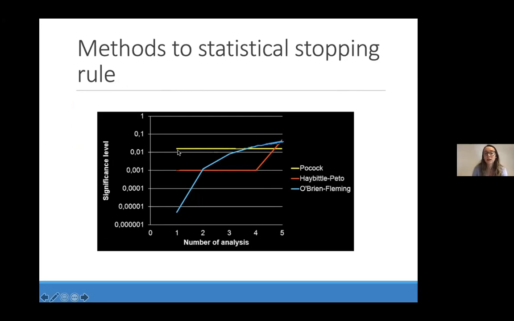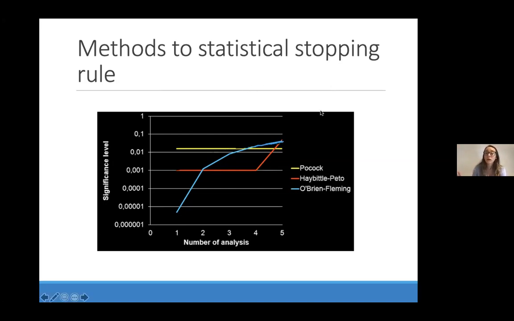The Pocock keeps a stable p-value. The Peto method has a lower p-value in the beginning, but at the end it comes back to the normal one. And the O'Brien-Fleming has a more conservative approach, making a much lower p-value in the first analysis, and this p-value starts getting more lenient as the analysis goes on, right?